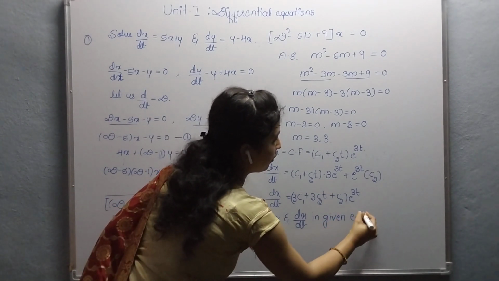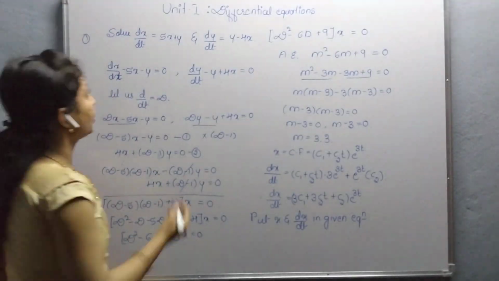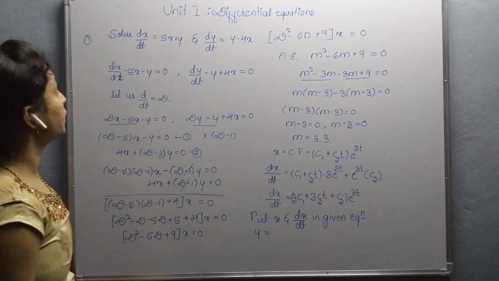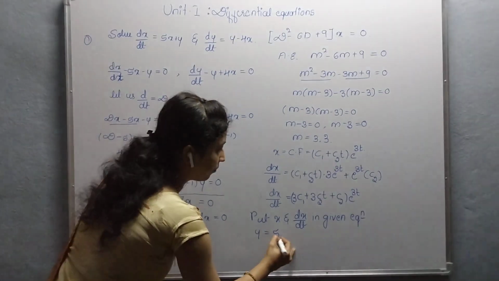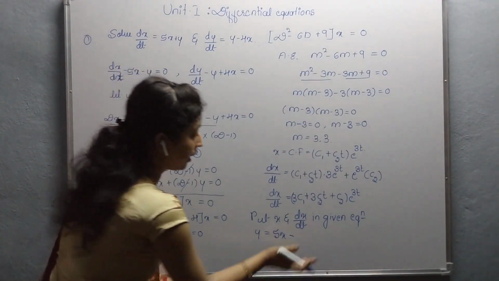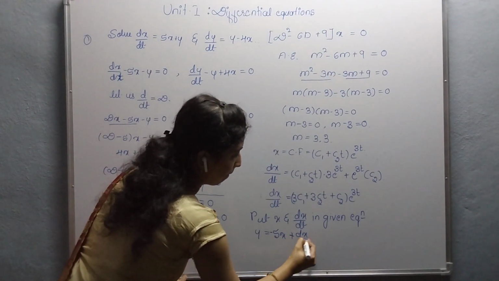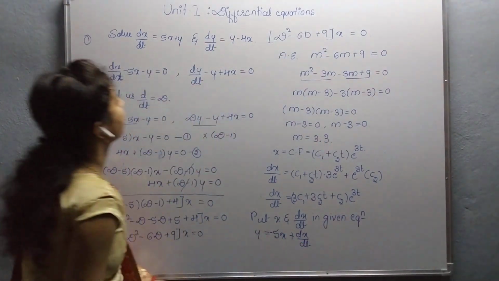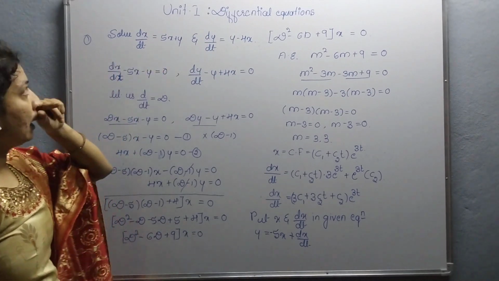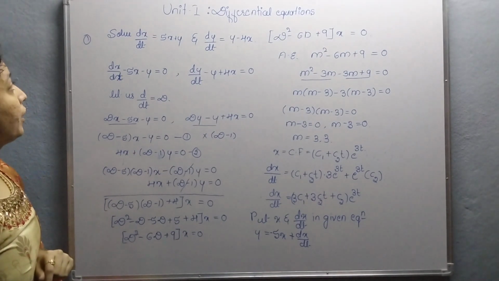It means the first equation is dx upon dt is equal to 5x plus y. So y is equal to dx upon dt minus 5x.